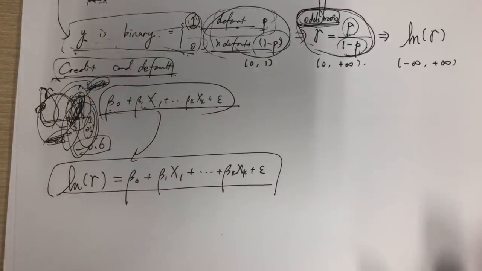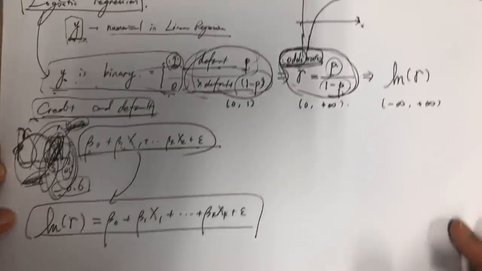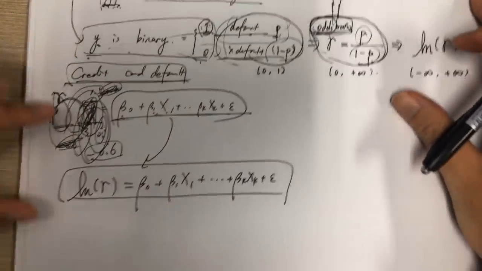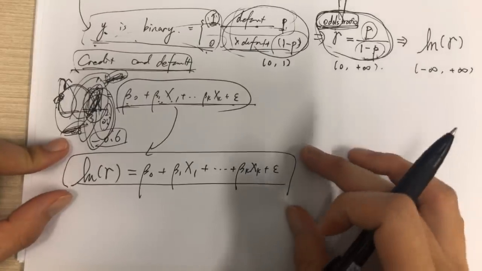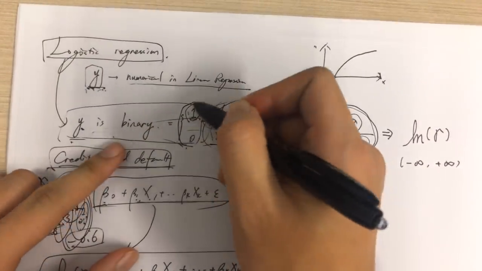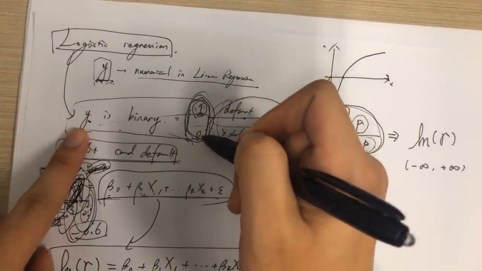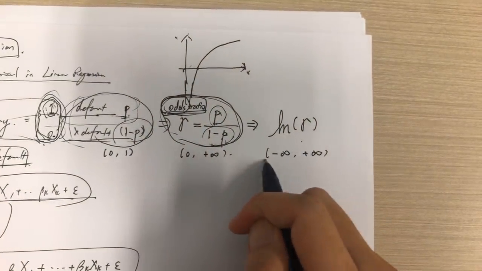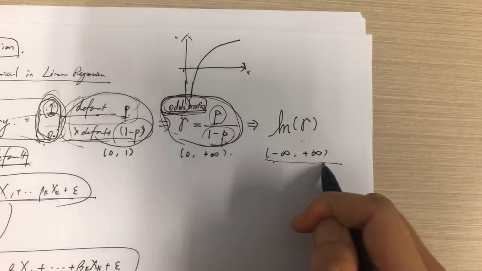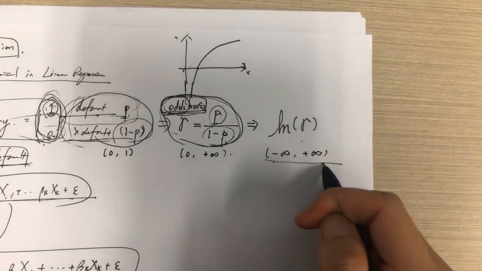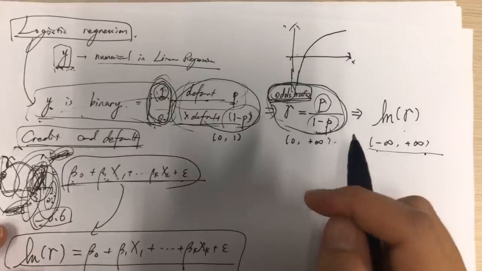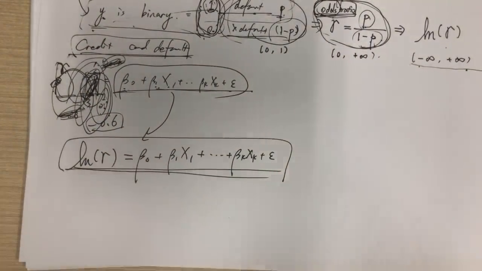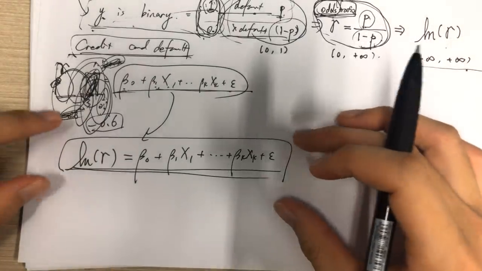Hopefully by this illustration, you get to know why we do this kind of thing. We're just trying to convert this binary dependent variable into a continuous numerical one, with range negative infinity to positive infinity, so that we can always return a valid prediction, okay? So that's all about the logistic regression model.